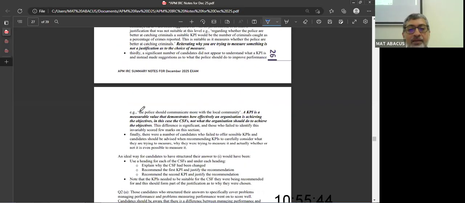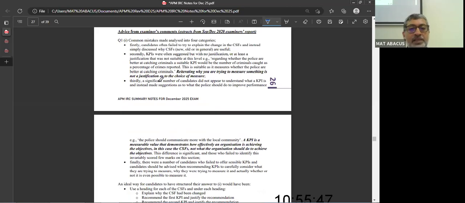A KPI example listed. Thirdly, a significant number of candidates do not appear to understand what a KPI is, and instead make suggestions as to what the police should do to improve performance. For example, the police should communicate more with the local community. A KPI is a measurable value that demonstrates how effectively an organization is achieving its objective. It's a measure. We must be able to measure it.